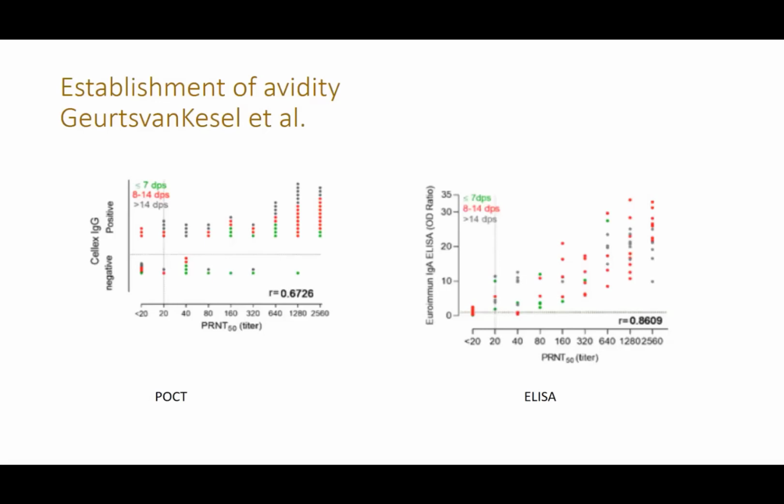We have a 0.67 for the lateral flow, lots of false positives and false negatives. These would be indicated in the boxes to the upper left and bottom right. And then for this particular assay, only a handful of results were outside of the desired boxes, and the correlation here was very good.